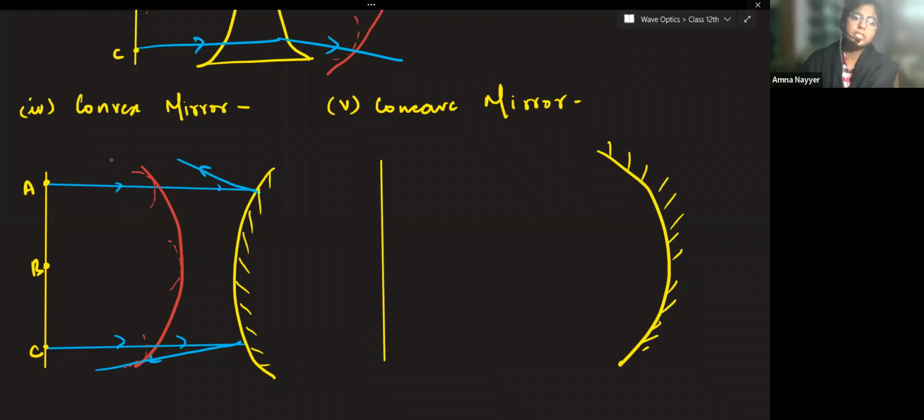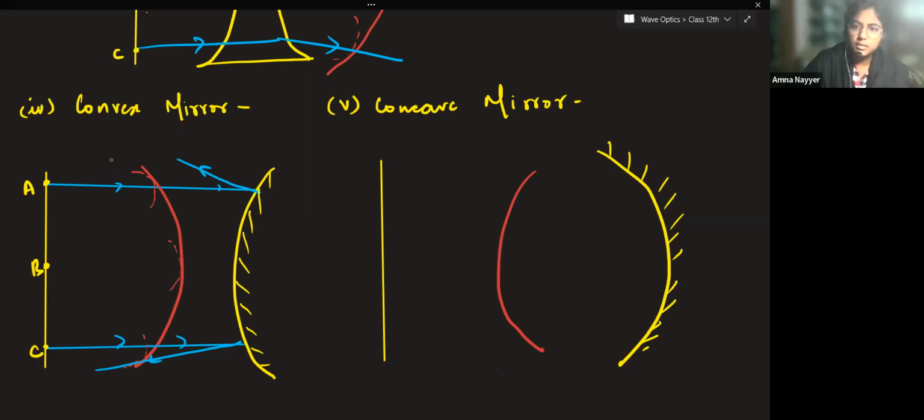It converges. So draw this first by yourself, and then draw the arcs like this. Drop the arcs for it, and then like here also, by choosing all these points, A, B, and C points only.